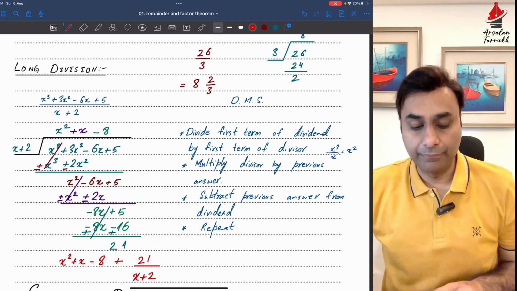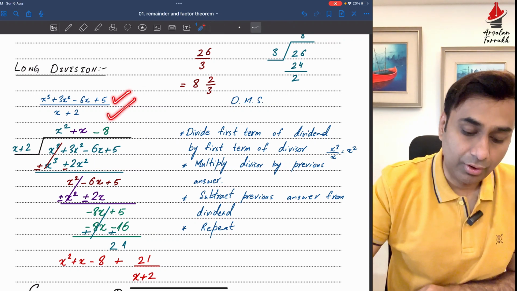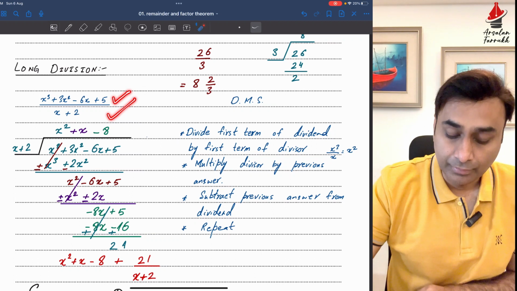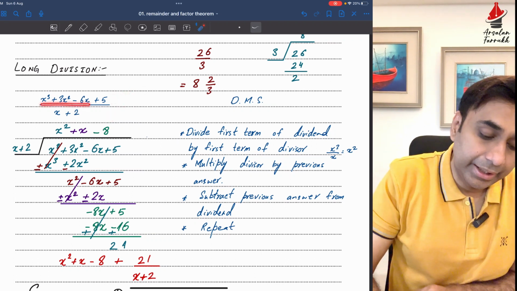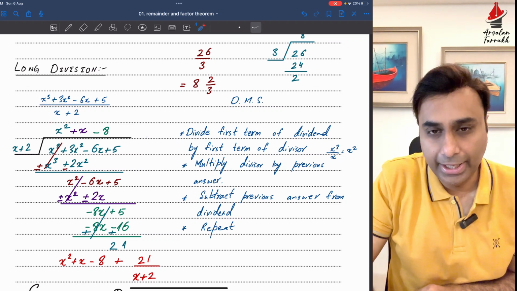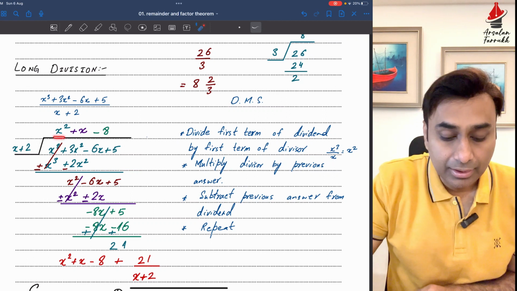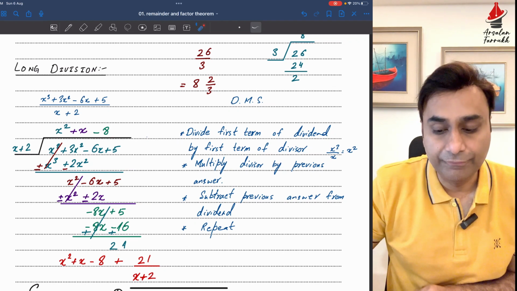This is how you have simplified the original expression that was given to you. And more importantly, what you now know is that when you divide x cubed plus 3x squared minus 6x plus 5 by x plus 2, then the quotient would be x squared plus x minus 8, and the remainder is 21.